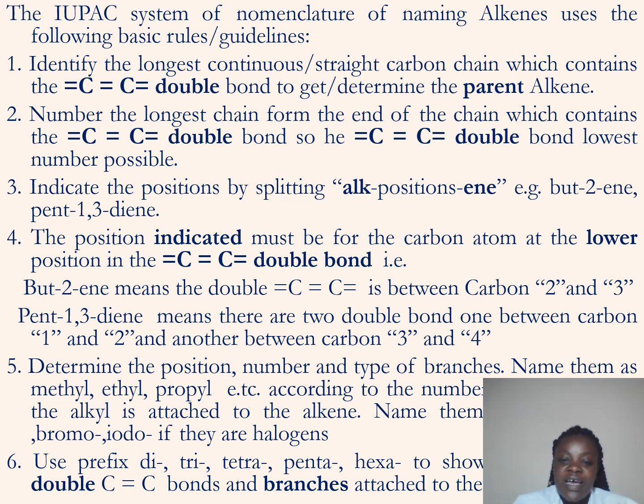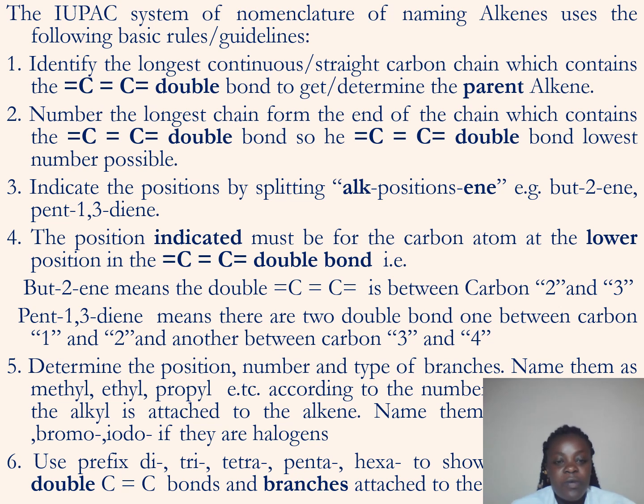You start from the side that has the carbon double bond, the side near the double bond is where you start numbering. That will make the double bond have the lowest number possible.